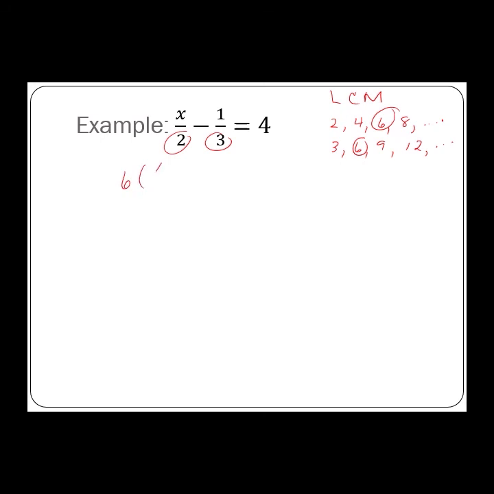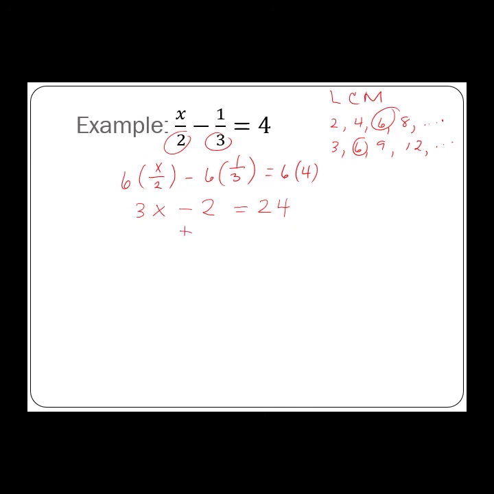So 6 times x over 2 minus 6 times 1/3 equals 6 times 4. If you're using a calculator at this point, to simplify, this is like 6 divided by 2, so we get 3x. 6 divided by 3, 6 times 4.